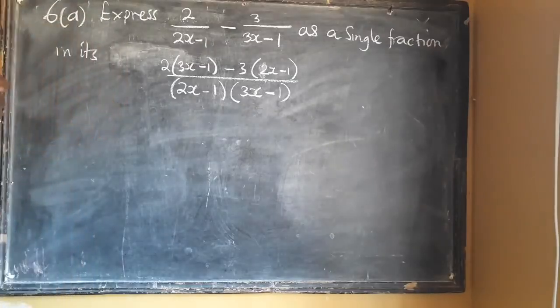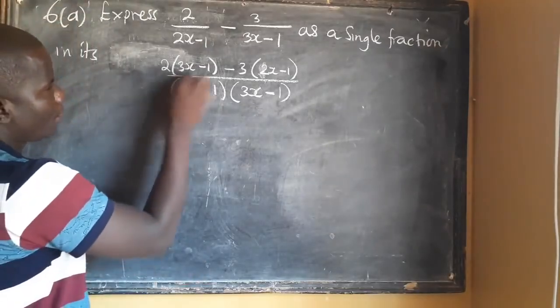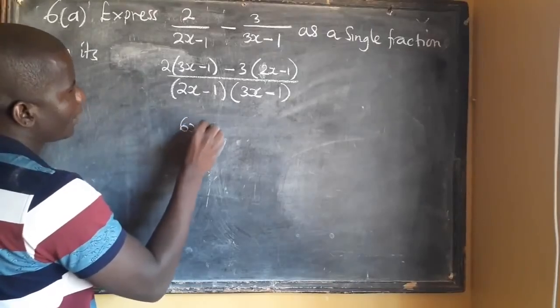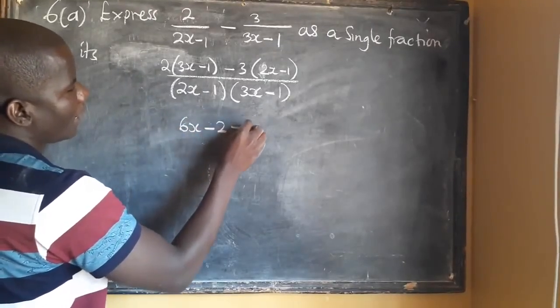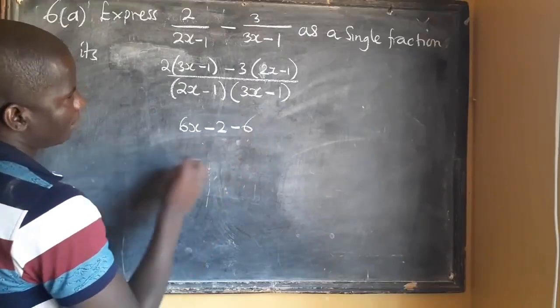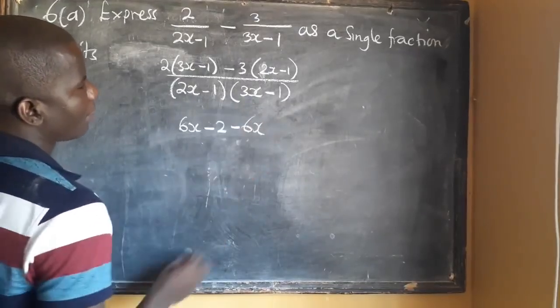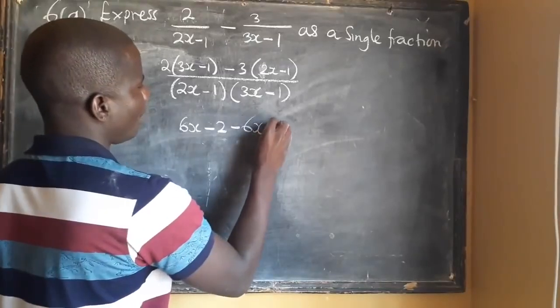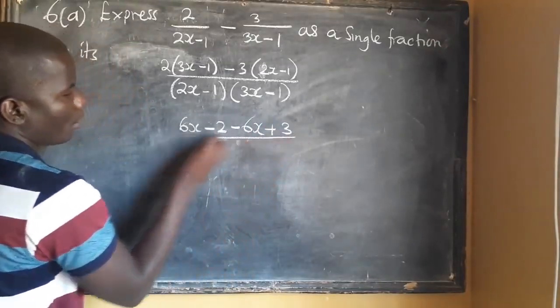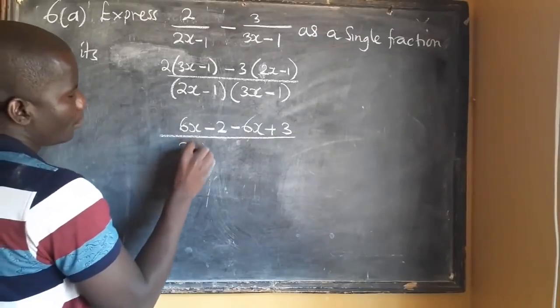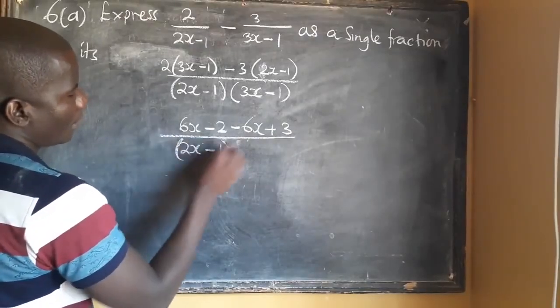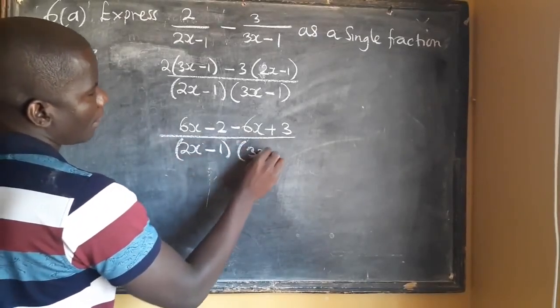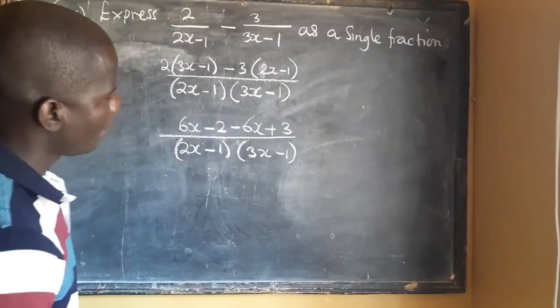Alright? So we go further and say 2, this will be 6x minus 2 minus 6x, 6x plus 3 over 2x minus 1, 3x minus 1.